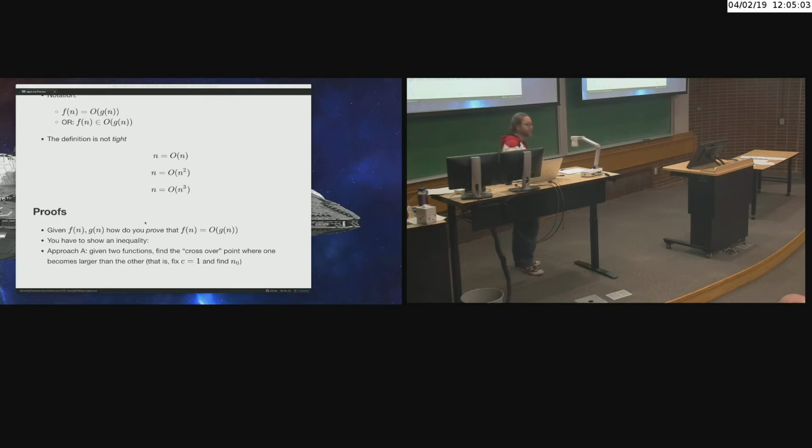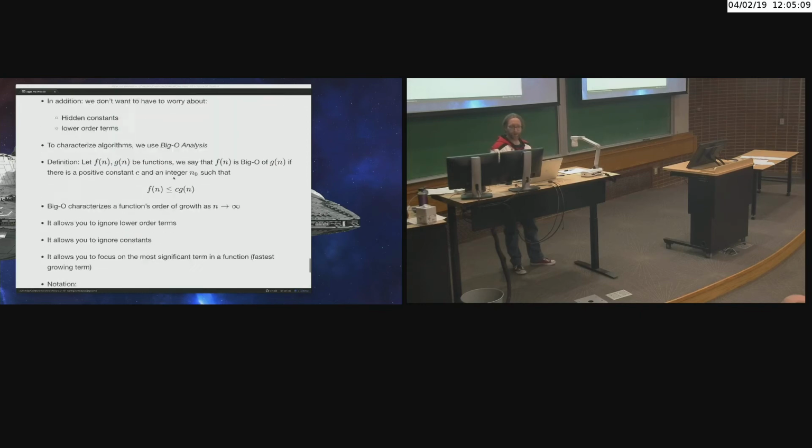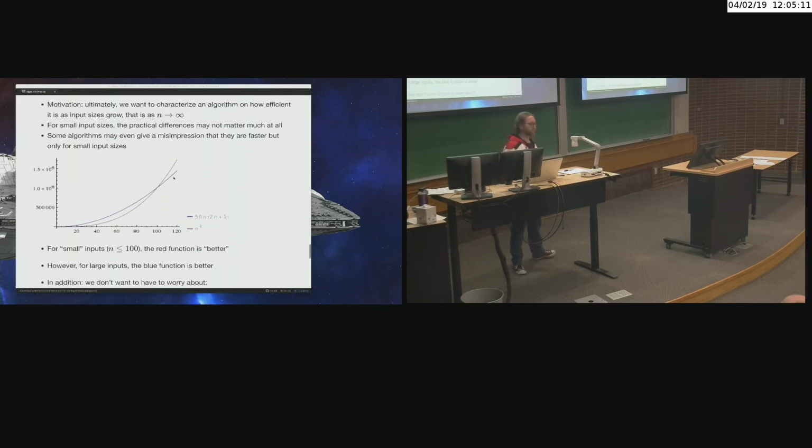Approach 1: given 2 functions, you can find their crossover point. Let me go back to this graph up here. That's basically what we did when we looked at, oh, at 100 or thereabouts, but it's actually 101. After that point, these 2 functions are monotone increasing, and they will never meet again.